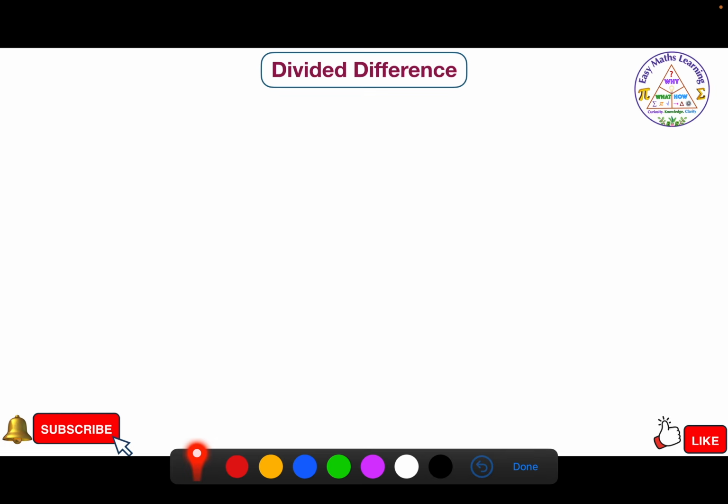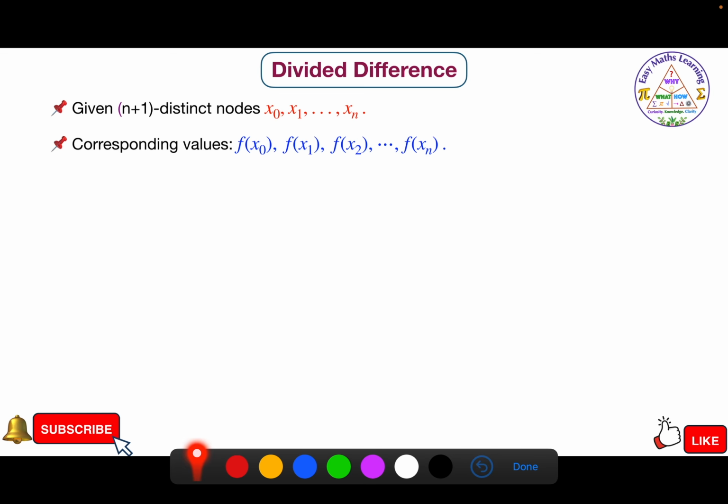Now we understand the most important concept behind Newton's interpolating polynomial, that is divided difference. Suppose we are given n plus 1 distinct nodes x0 to xn. These nodes belong to some interval I with the corresponding function values f of x0, f of x1 up to f of xn. Here we have n plus 1 distinct nodes, and i we consider from 0 to n minus 1.